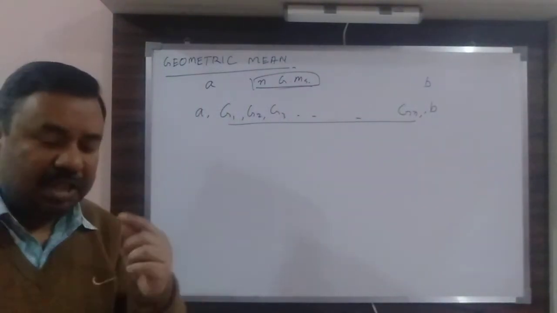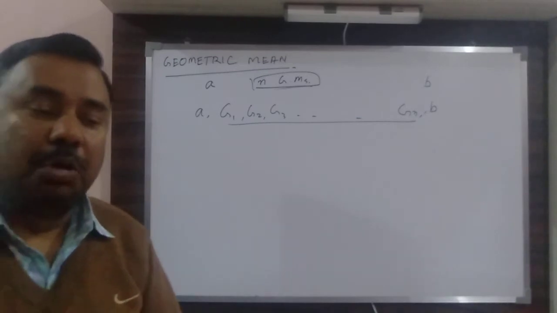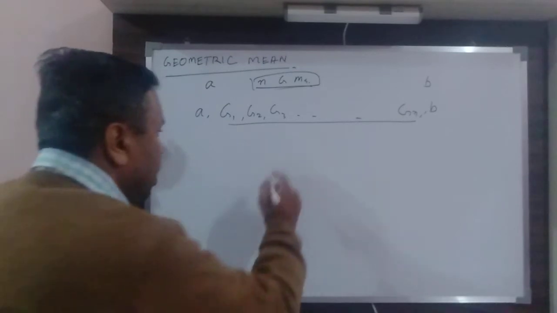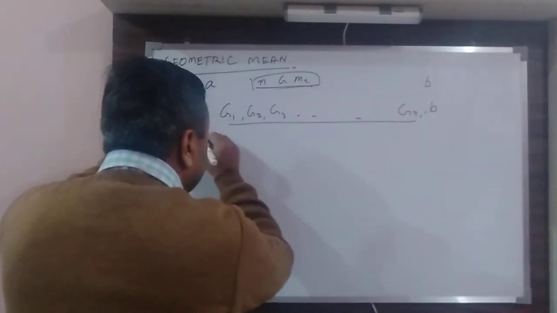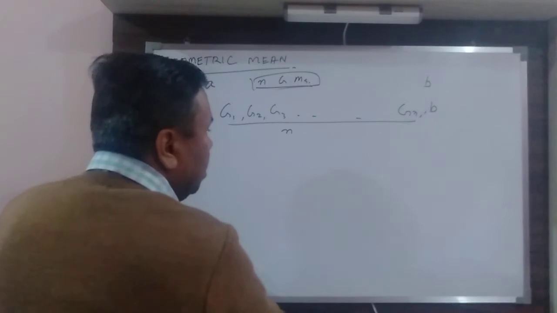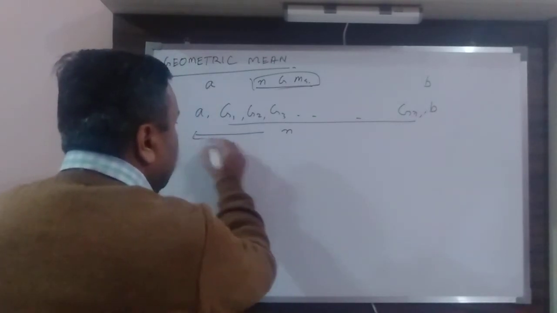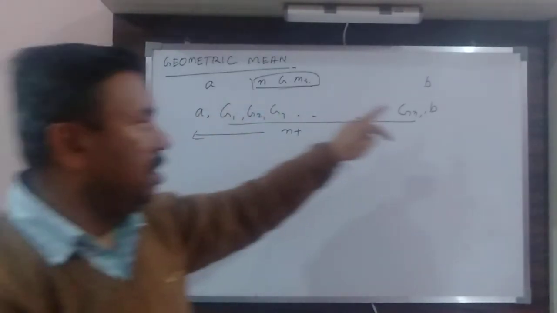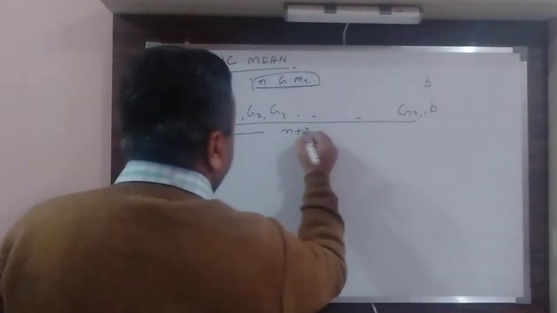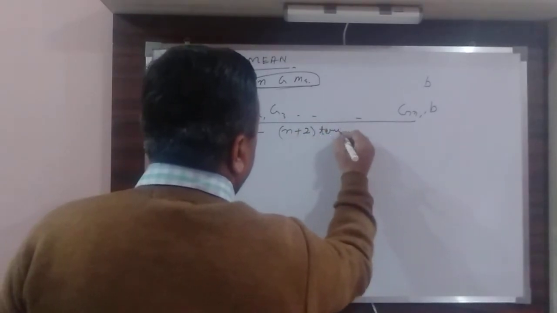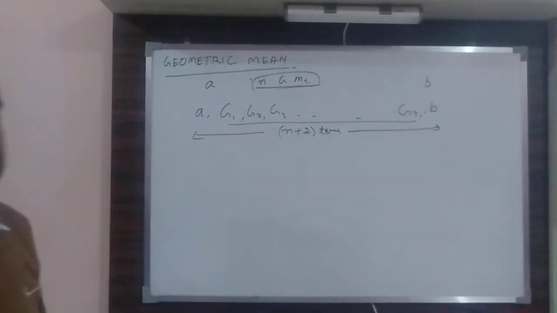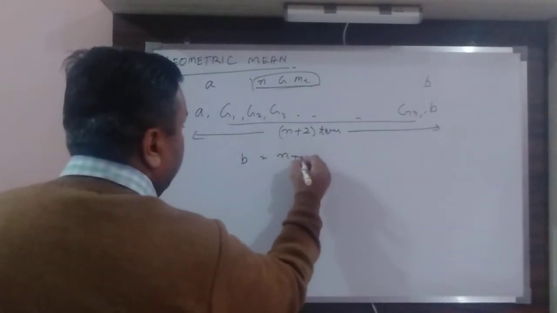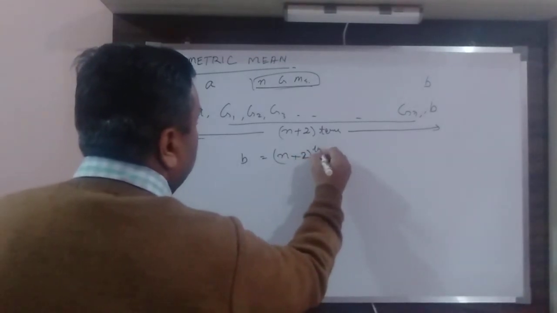So first of all, see what will be the total number of terms in this GP. You have n geometric means, plus one term is the first term and one is the last term. So you are getting n plus 2 terms of the GP. And B is the n plus 2th term.